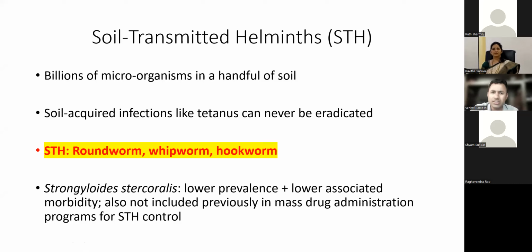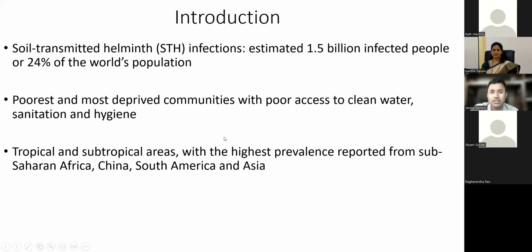One thing to understand is that it's very difficult to eradicate these infections, because some infections like tetanus can never be eradicated, and there are billions of microorganisms in a handful of soil. As sir has mentioned, soil-transmitted helminth infections affect a large number of people worldwide, about 1.5 billion people, or 24% of the world's population.